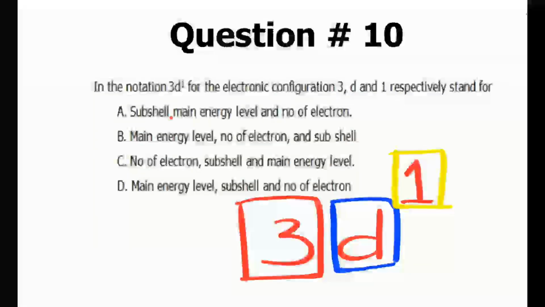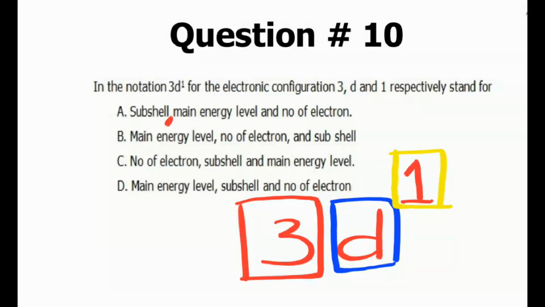A. Subshell, then main energy level and number of electrons. B. Main energy level, number of electrons, and then subshell. C. Number of electrons, subshell, and main energy level. D. Main energy level, subshell, and number of electrons.